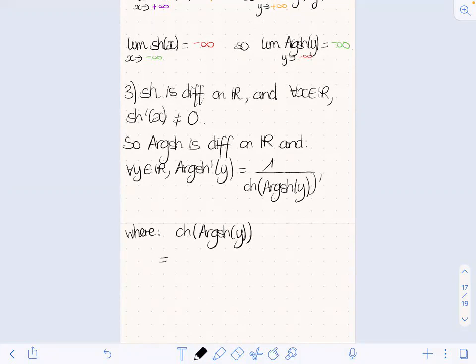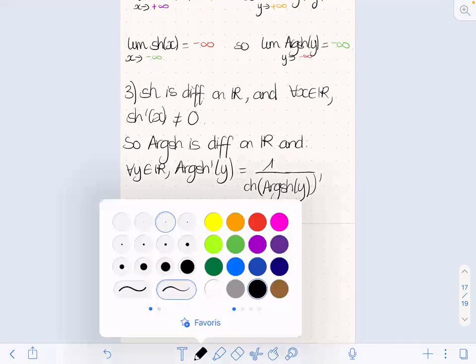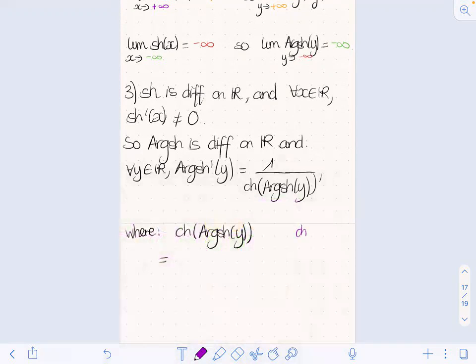Oh, what we can say is, see... Yeah, go on. I'm not sure exactly, but wasn't there 1 equal to hyperbolic cosine squared minus hyperbolic sine squared? Yeah, absolutely. So we have ch squared minus sh squared equal to 1.